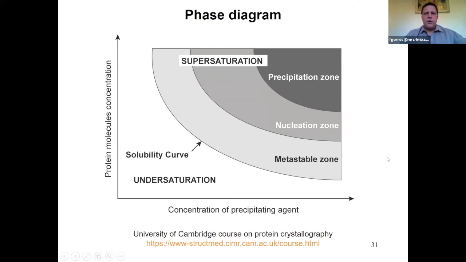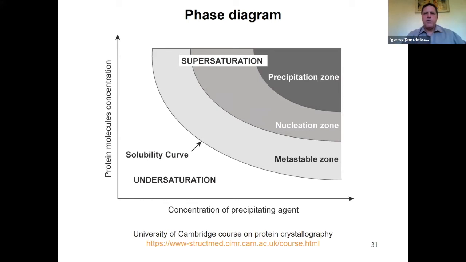So when you increase the concentration of your precipitating agent, most of the time you trigger precipitation. So you have a competition at some point between precipitation and nucleation, which is most in favor of precipitation, unfortunately. But that's what you can observe here.